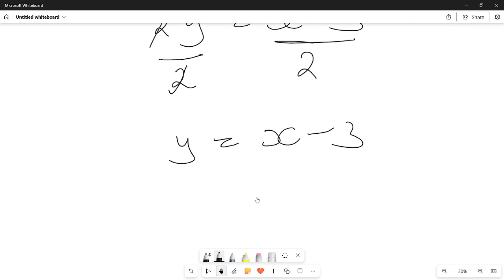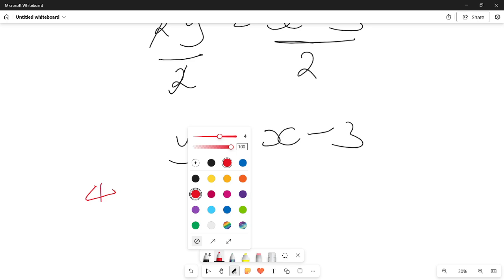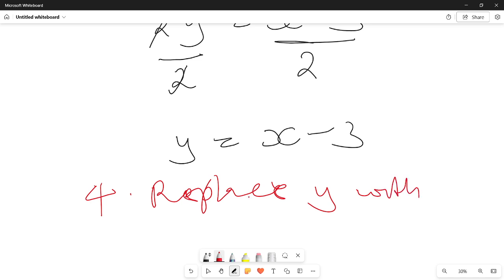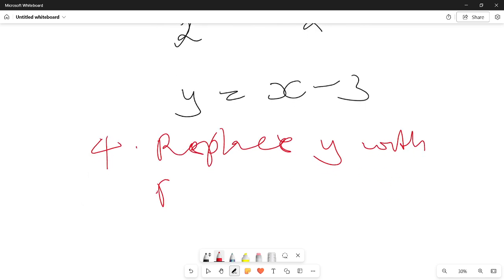And step number 4 is replace y with f inverse of x.